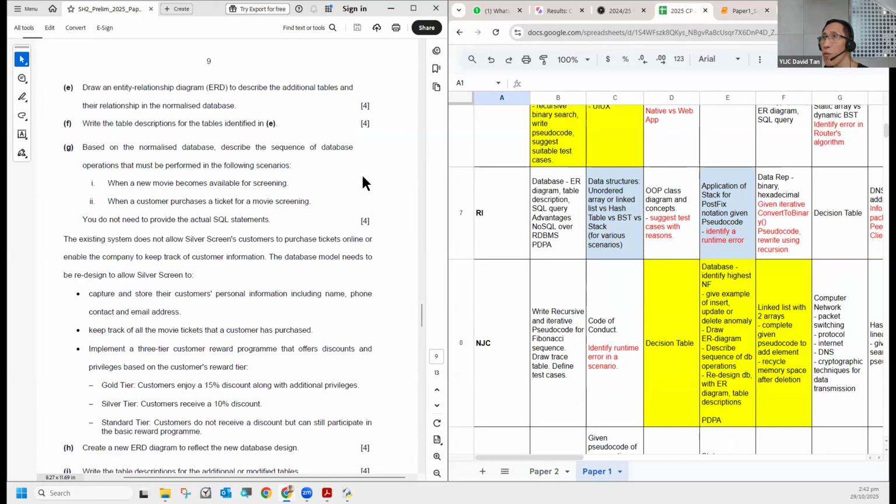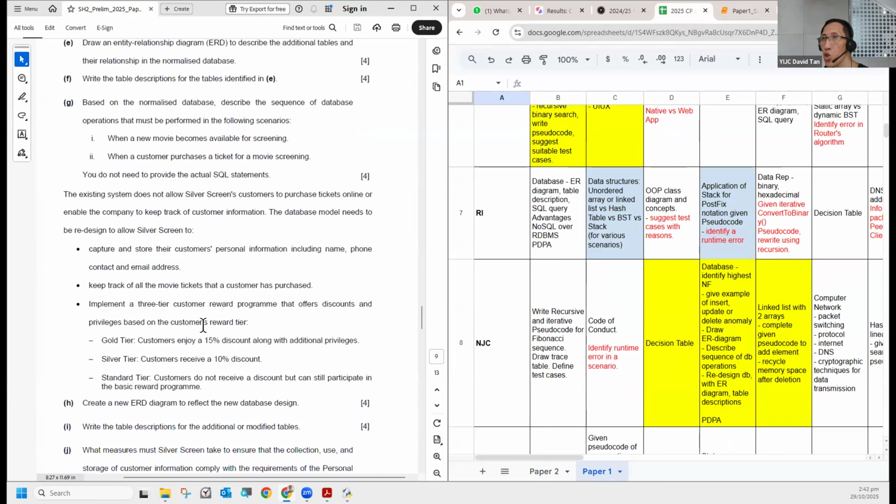What I want to highlight for this particular question is that it talks about the system not allowing them to purchase certain kinds of tickets online, so you are required to do the modification so that it allows this to happen.